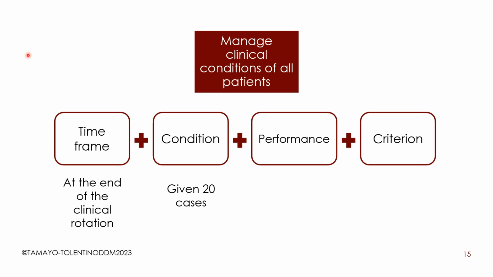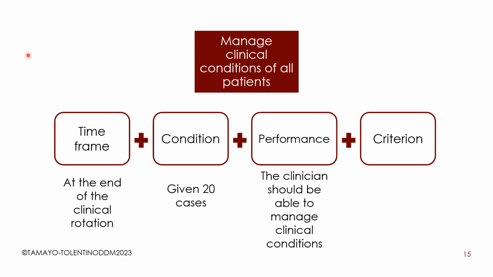Next, we state the performance or the behavior to be demonstrated. And again, it should be indicated by an action verb. So for example, the clinician should be able to manage. That's the action verb. Clinical conditions, that is the behavior that we want to observe. So that's performance. And then criterion. Criterion again refers to the standards or the minimum acceptable level or degree of performance.